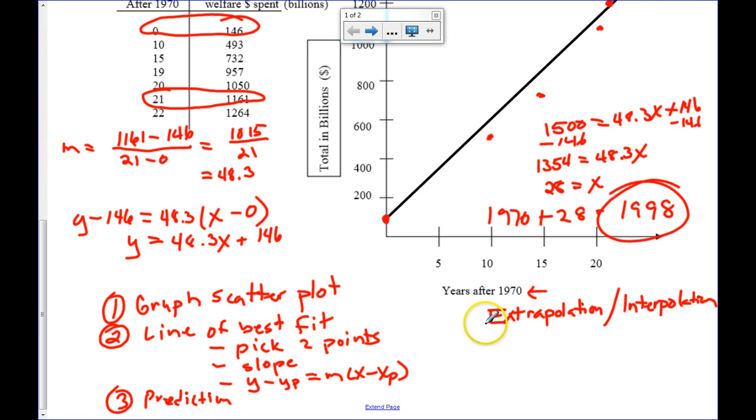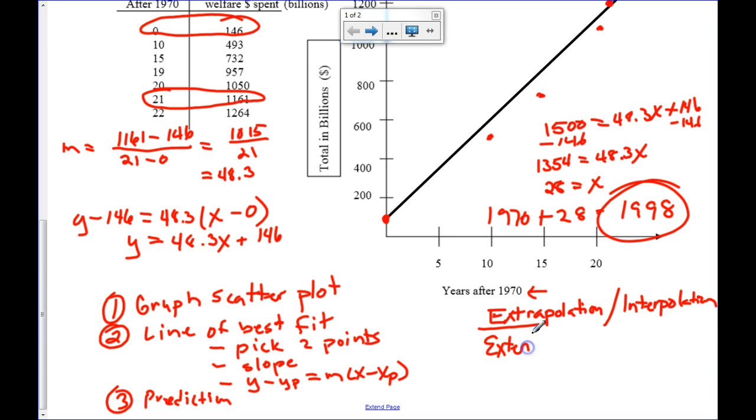Extrapolation: the prefix is extra, meaning outside. So what does that tell you? You're making a prediction forward, or it could even be backward, as long as it's not in the data that you have. So you're extending your data out. You're extending your line past what you have. So just think of it as an extension.